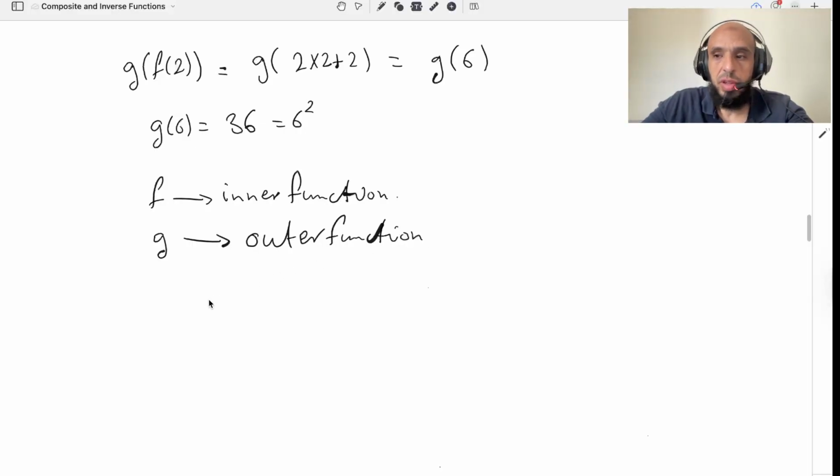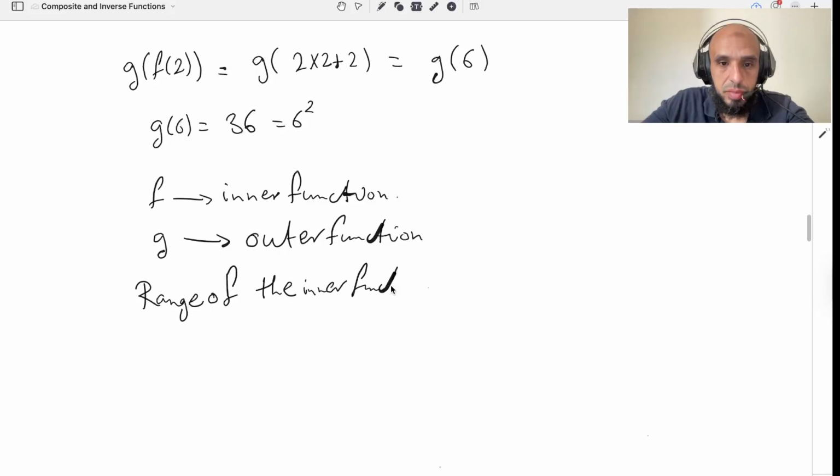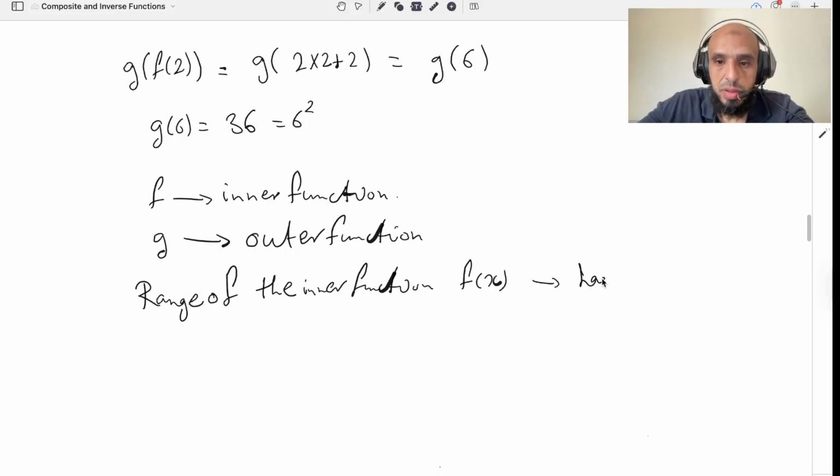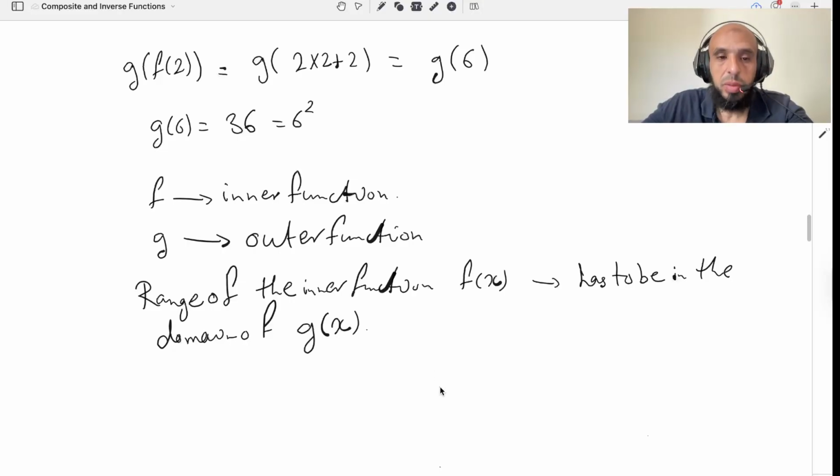Okay. There is a condition for the composite function to exist: the range of the inner function, in this case f, has to be in the domain of g of x, so that we can apply it.